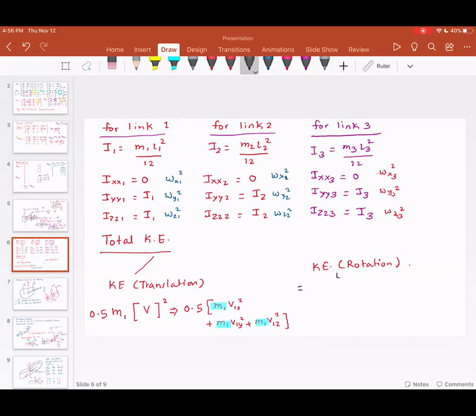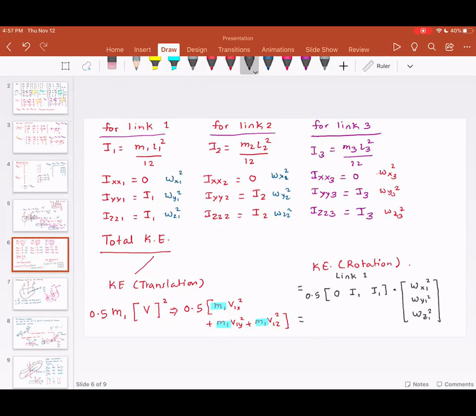So let's see what happens for link 1. For link 1, I'm going to represent this as 0, I1, I1, and I'm going to multiply this with omega x1 square, omega y1 square, omega z1 square, and the whole thing multiplied by 0.5.